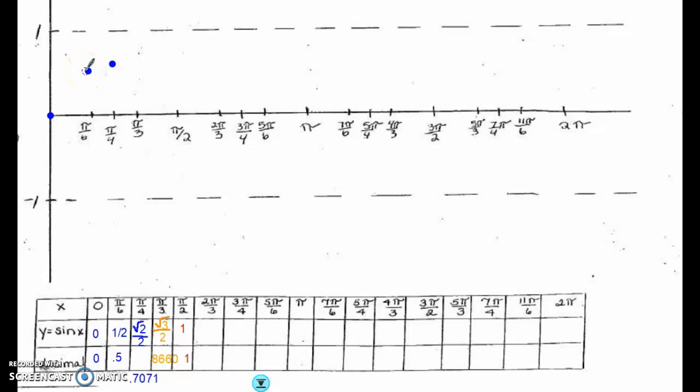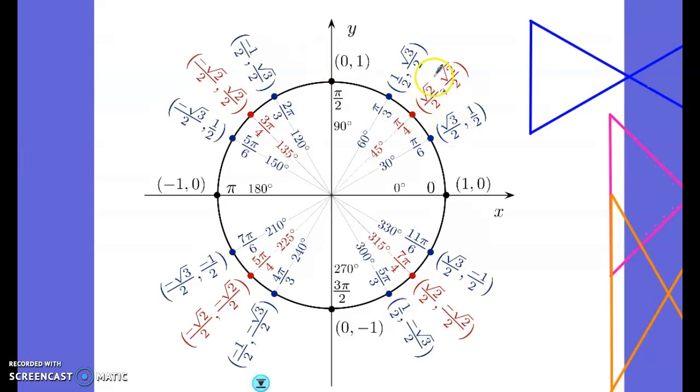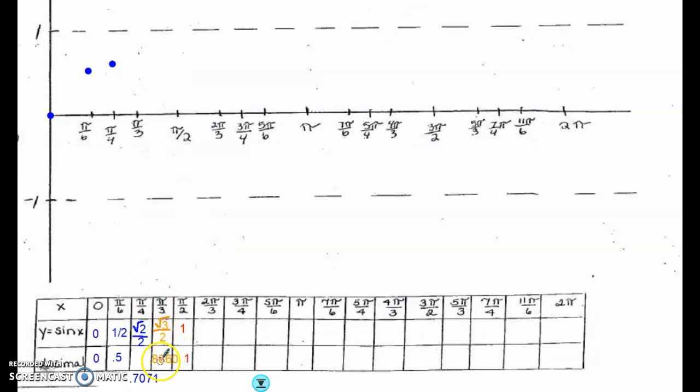And at pi over 3, again, this should all be memorized; you shouldn't be looking at this chart. This is root 3 over 2, which is 0.8660. I'll put an orange dot there to keep everything color-coded. 0.86, okay, that's good enough.